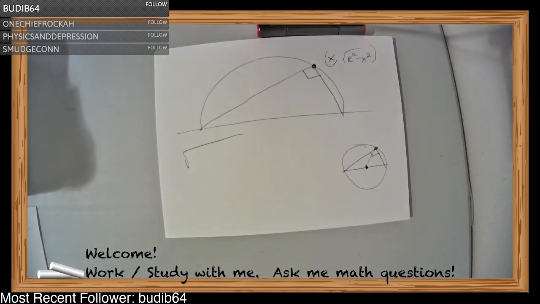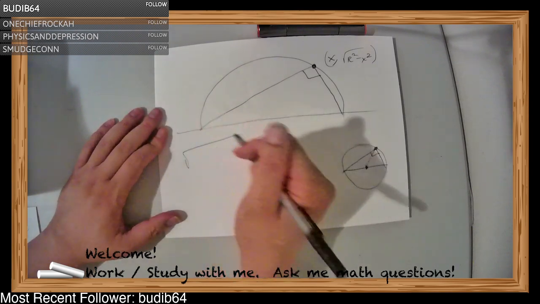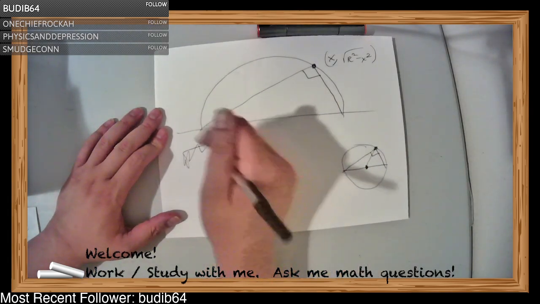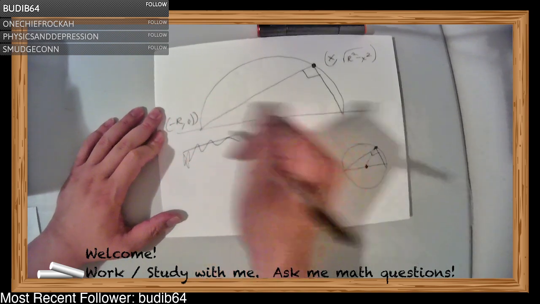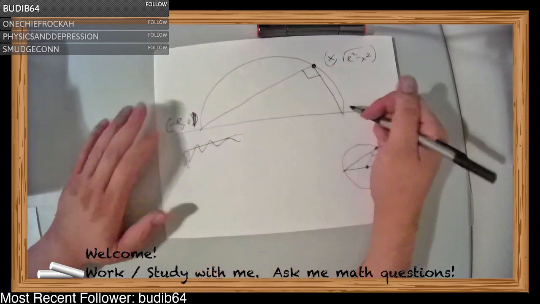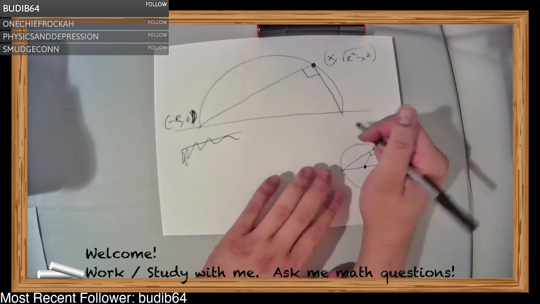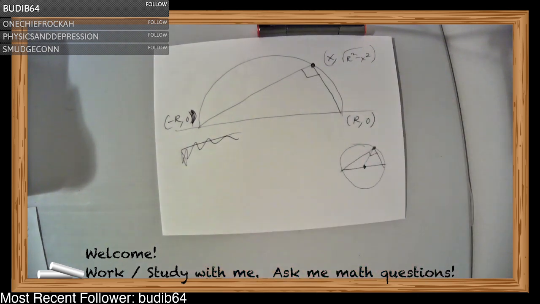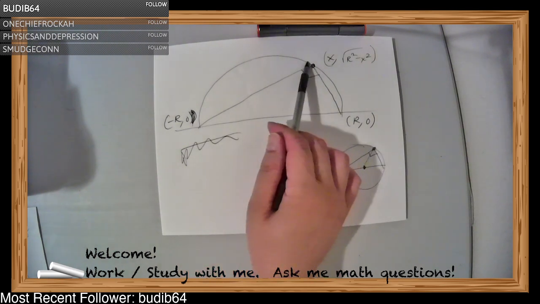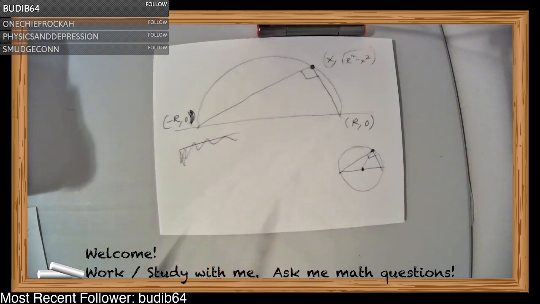First, this is the point negative r, 0. And this is the point r, 0. So what I'm going to do is just take the slope here and prove it's the negative reciprocal of the slope there. And that's it.